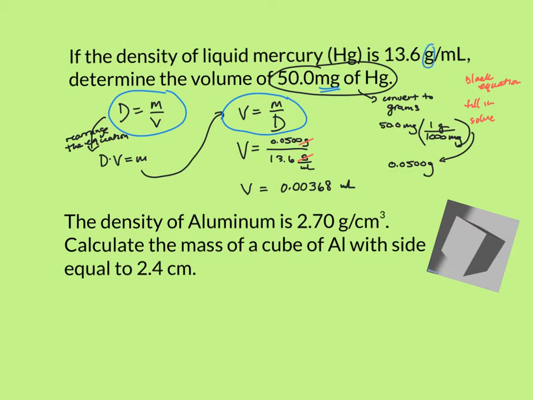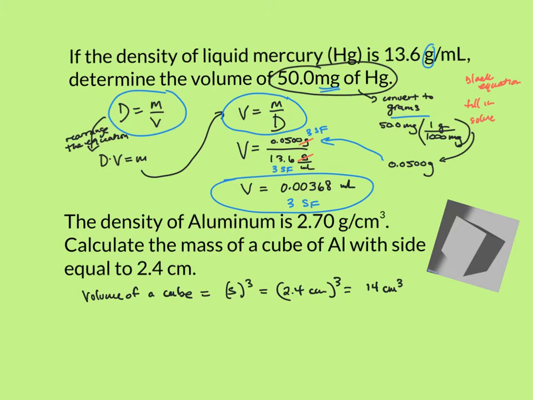So I converted my mass from milligrams to grams before I plugged it into this equation. And then solved the problem and rounded my answer to 3 significant figures because the mass is 3 significant figures and the density is 3 significant figures. And so this would be the most correct answer.